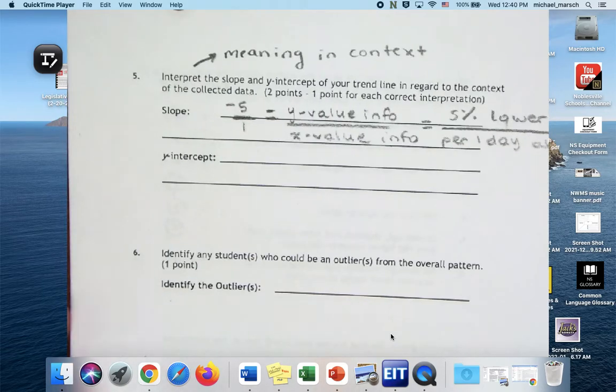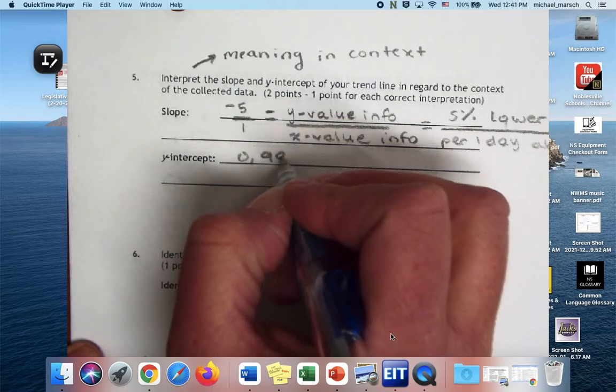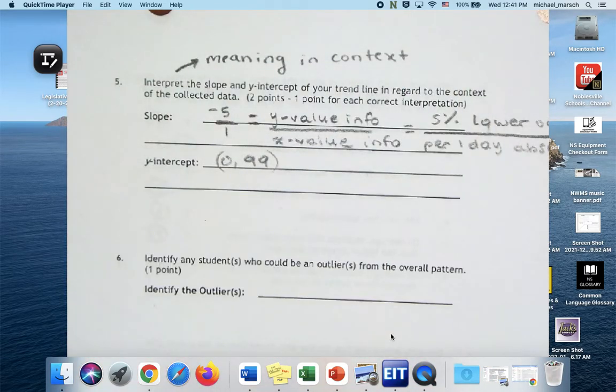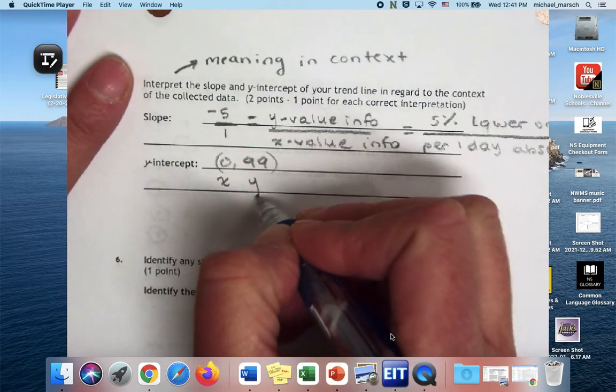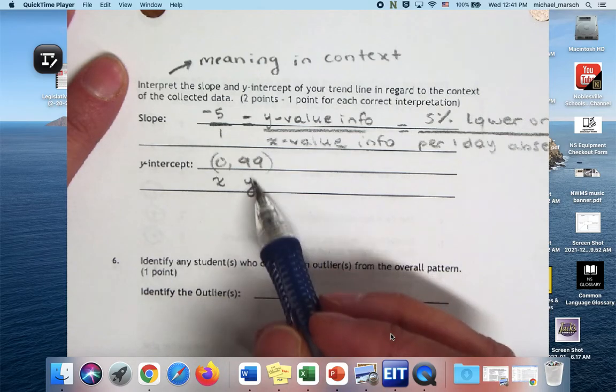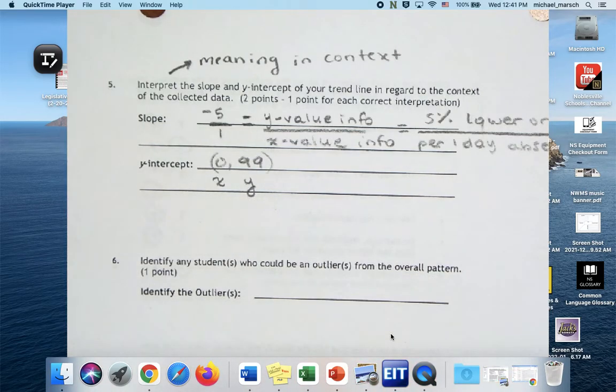My y-intercept was 0.99. What does that mean in the context of the story? This is my x value, this is my y value. So you can go back and look, what are my x values meaning? What does my y values mean? Emma?